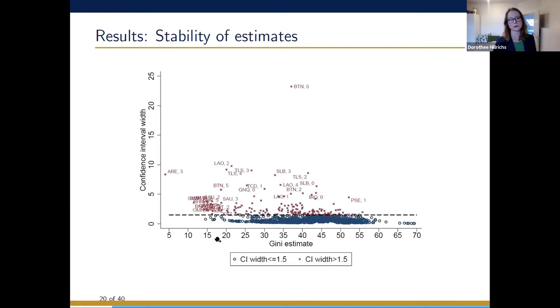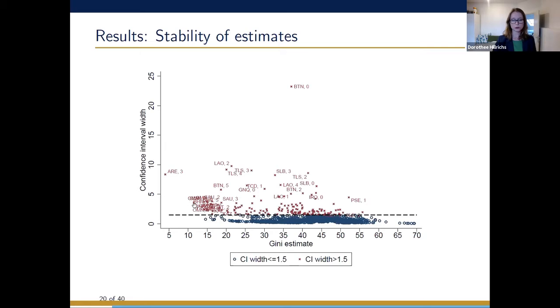And indeed, what we do is an exercise where we change the set of products that a country is importing and see how sensitive the inequality estimate is if, for example, we remove all the wine imports from the Brazilian import basket, or remove cars, or any other combination of products. And we see that for most cases, the estimates are fairly stable.